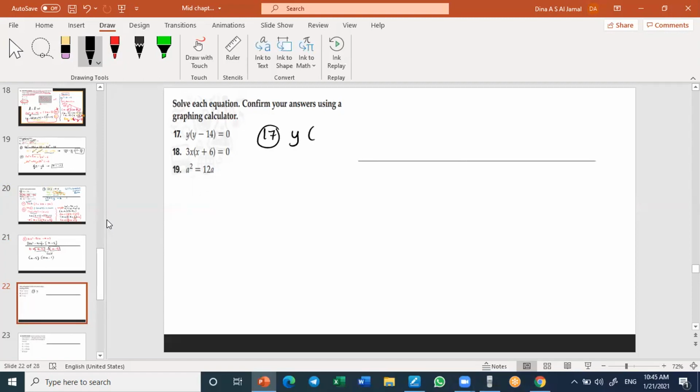y multiplied by y minus 14, all inside the brackets, equal to 0. So whenever you are having such a question, you are having two terms multiplied by each other equal to 0, so you can use the zero product property.